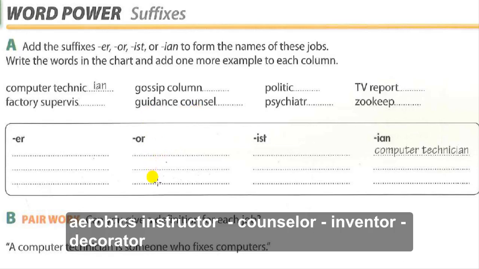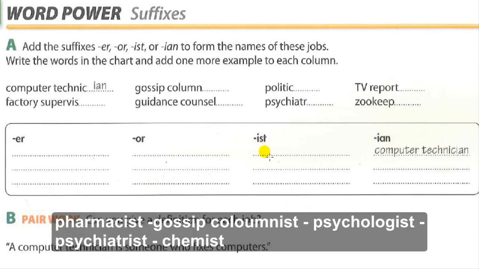IST, words with IST, like pharmacist, psychologist, chemist, psychiatrist, gossip columnist. So gossip columnist and psychiatrist. We have pharmacist and psychologist, chemist.